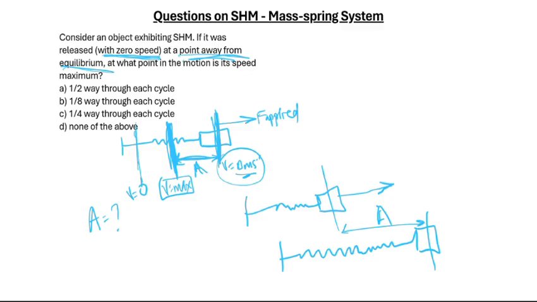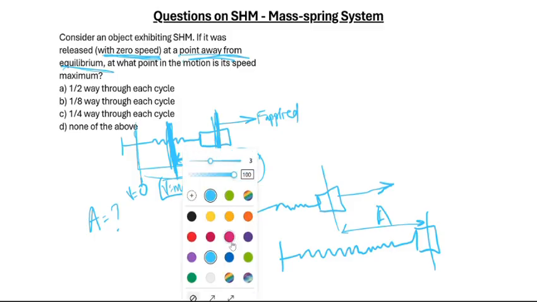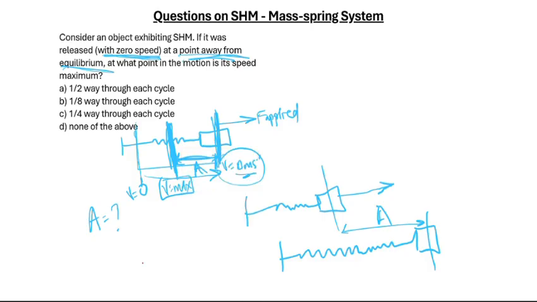Remember, I said one cycle is from this place to this place and back to this place. One cycle, or one oscillation, is when I release this object, it moves to this point and it moves back, that is to and fro.